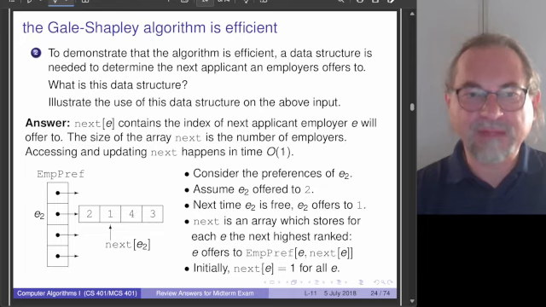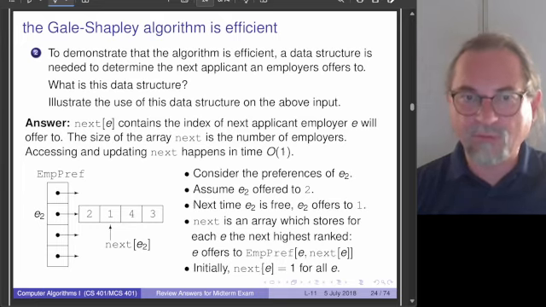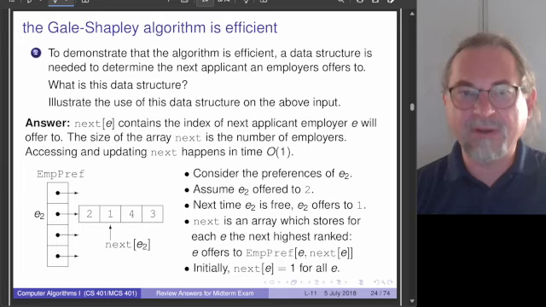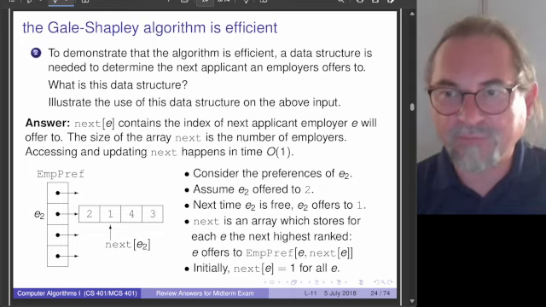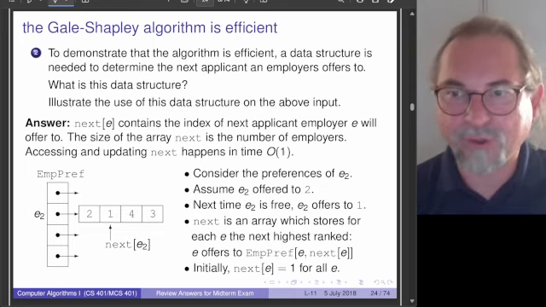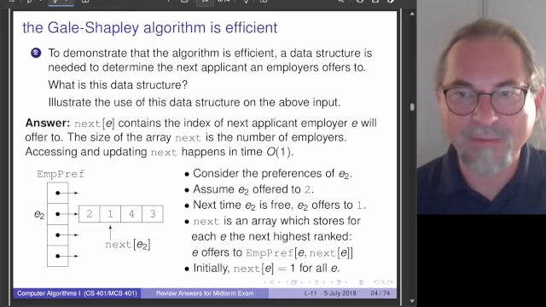And here on the example, the second employer was again free, so it had offered to 2, but 2 received an offer from a more preferred employer and therefore rejected, broke the commitment to the second employer.